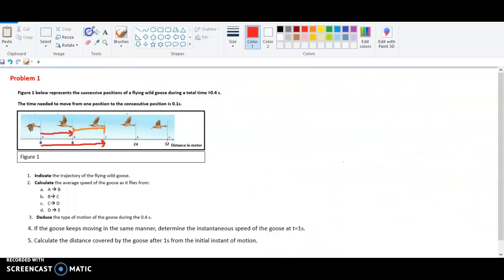Alright. Now part 4, if the goose keeps moving in the same manner, this means at the same speed, determine the instantaneous speed of the goose at t equal 1 second. So for part 4, we say that V instantaneous is equal to V average, and the average speeds were calculated in the previous parts, which is 80 meters per second.